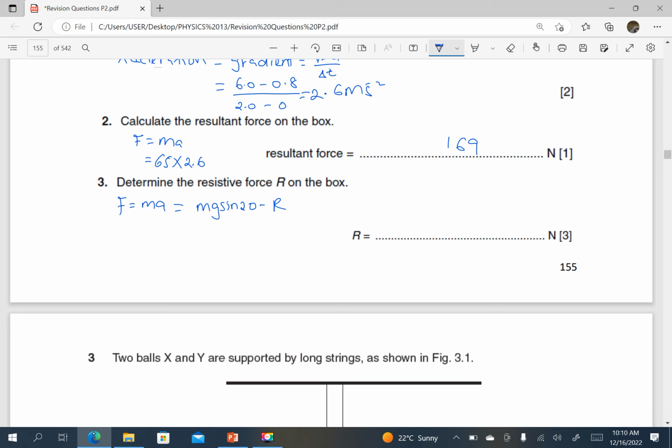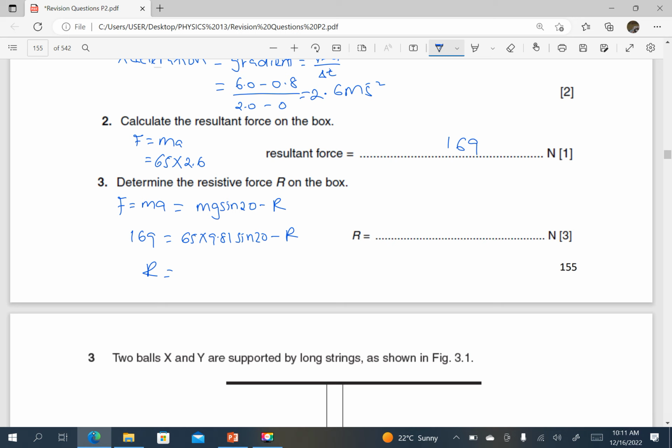But remember, the resultant force is 169. So I'll say that 169 is equal to mg, which is 65 times g, which is 9.81, sine of 20, minus R. So when I make R the subject, R is going to be 65 times 9.81 sine 20, which is 218.1, minus 169.